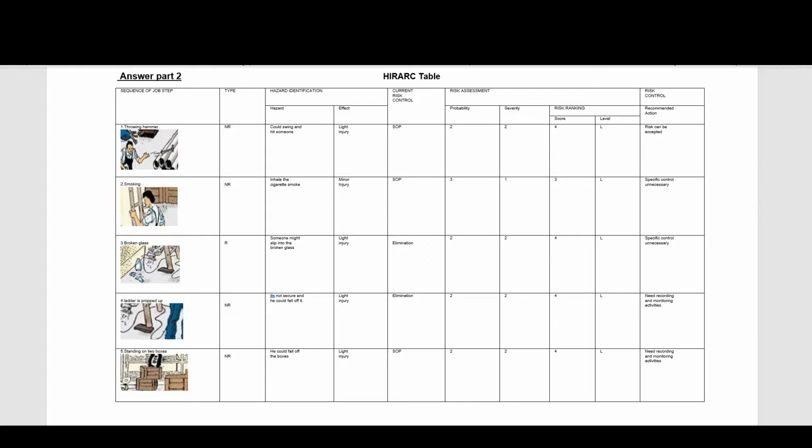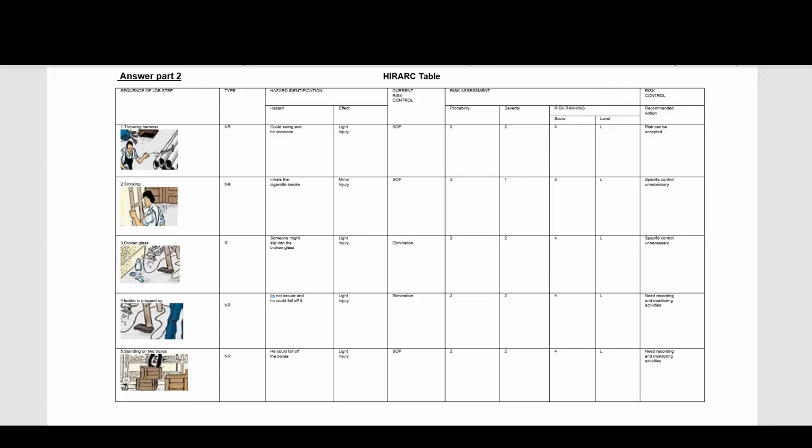So for the first situation, the situation shows throwing a hammer, and it is a non-routine activity. Then the hazard identification: the hazard is the hammer could swing and hit someone, and the effect is light injury. The current risk control is the standard operating procedure, and for the risk assessment, the probability is 2 and the severity is 2.